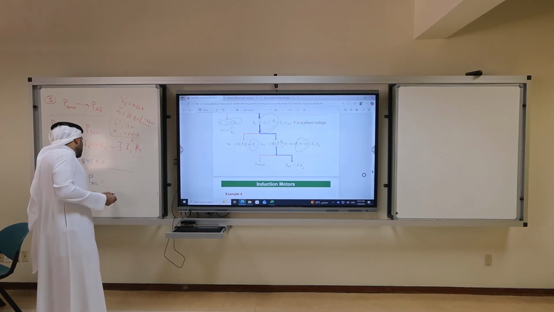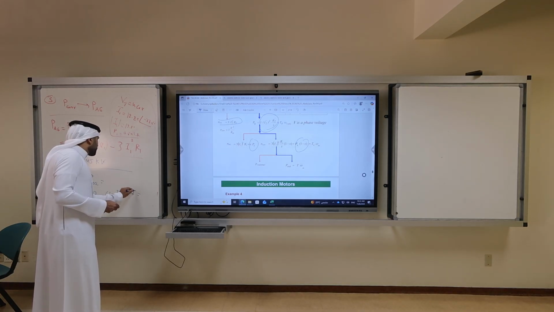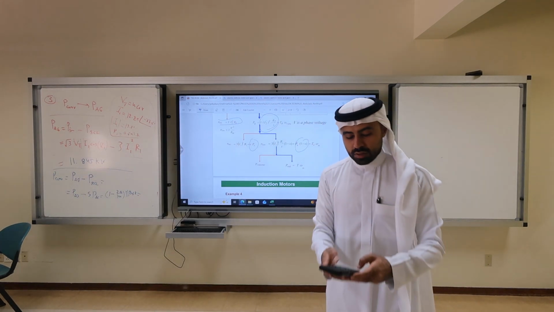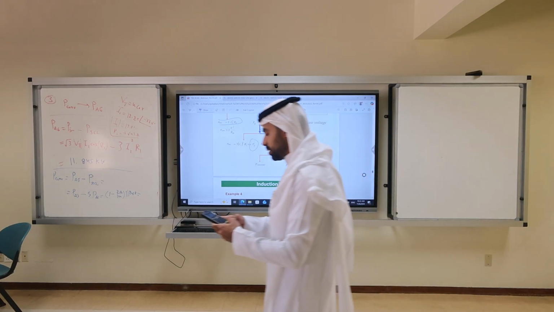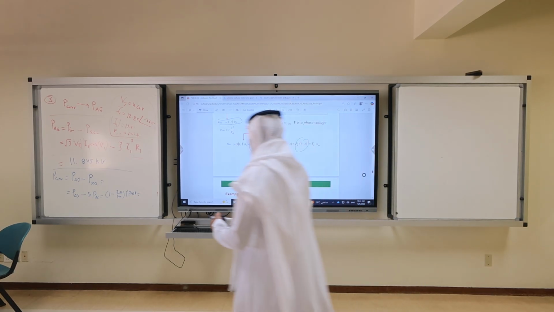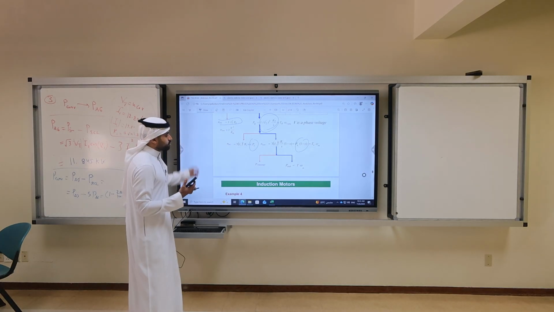So this will be 1 minus 0.022 times 11.845 kilo. What's the answer? 1 minus 0.022 times 11.845, and you should get 11.584 kilowatt. So go to example 5.